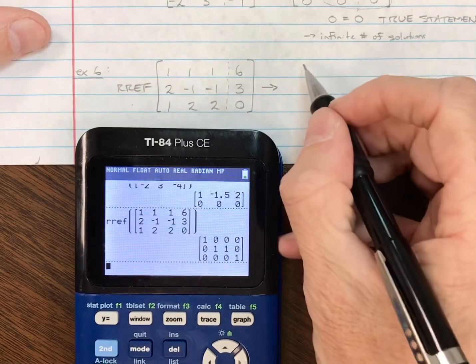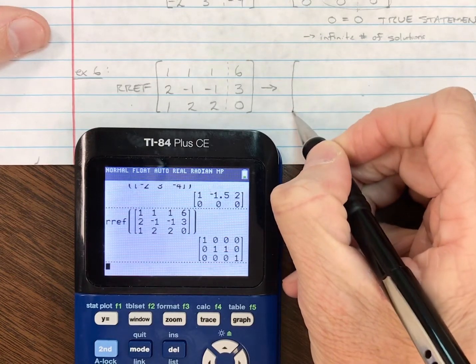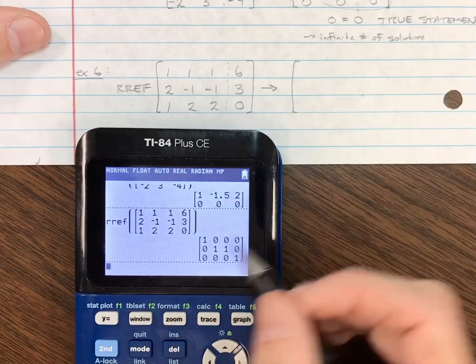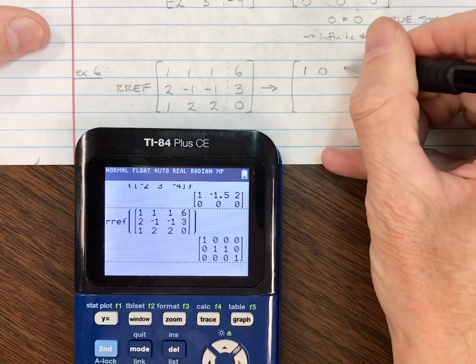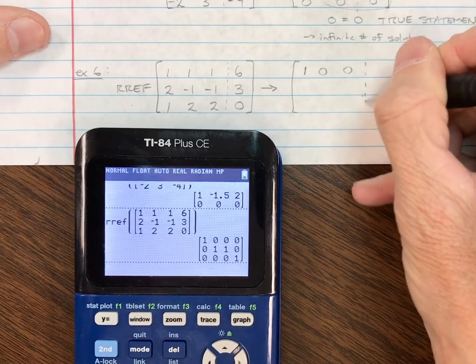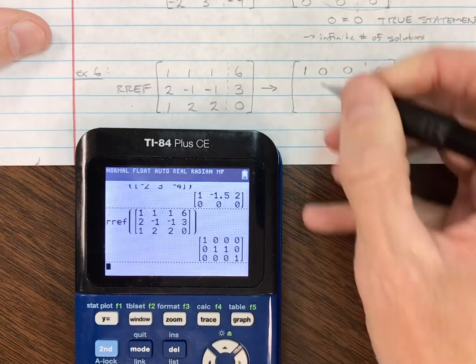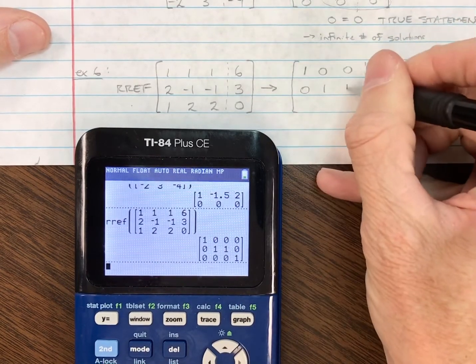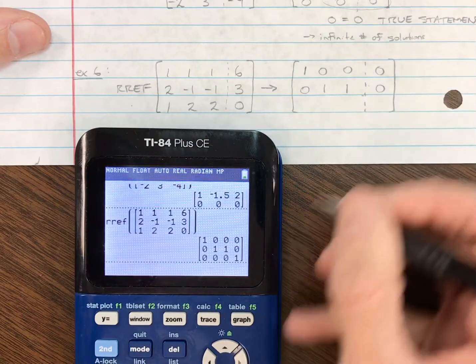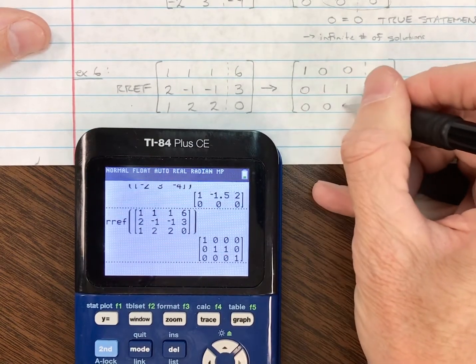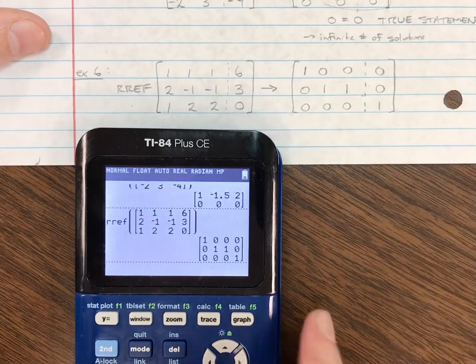Okay, what did I get? Well, let's take a look here. The first row is 1, 0, 0, and I'm going to put in the dashed line, 0. The second row is 0, 1, 1, 0, and the third row is 0, 0, 0, 1.